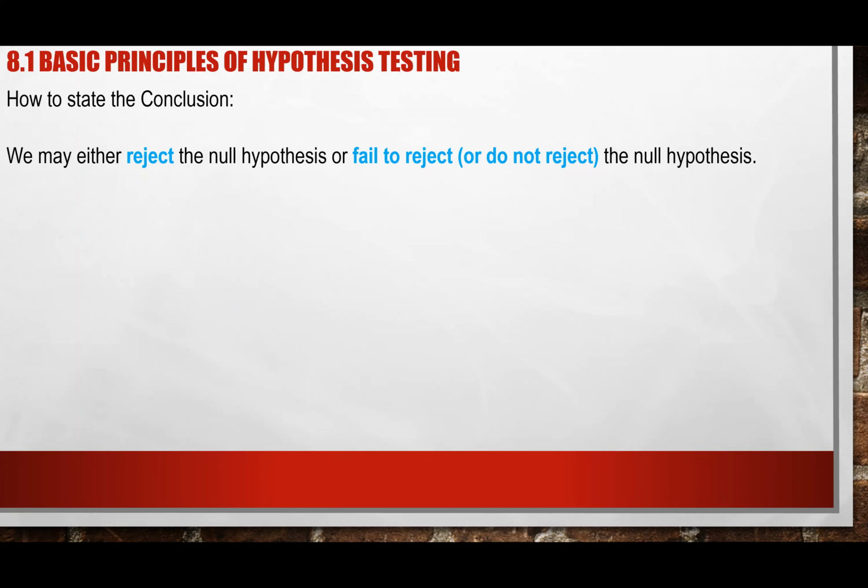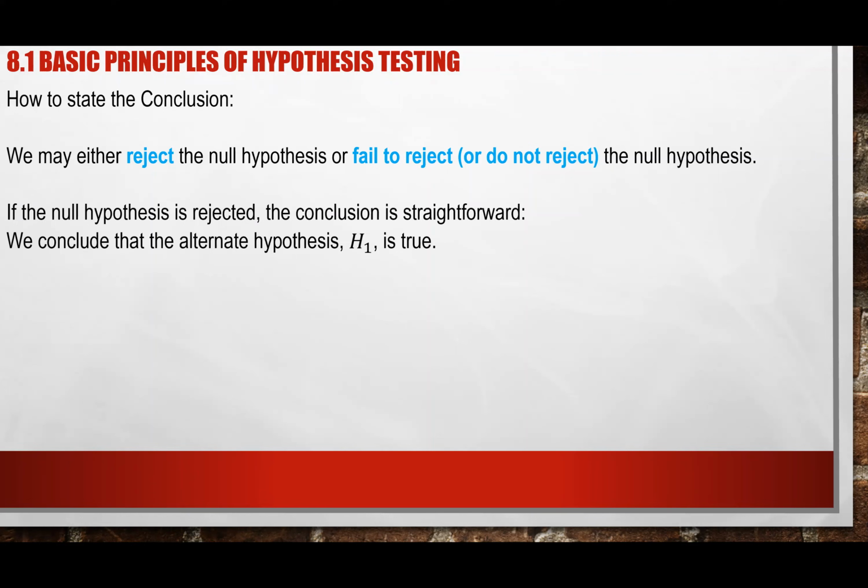If you find enough evidence, you will reject the null hypothesis. You will say, we reject H0. And if you reject H0, you will say that you have enough evidence to support whatever your claim is. The reason I say claim is because for this author, the claim is in H1.